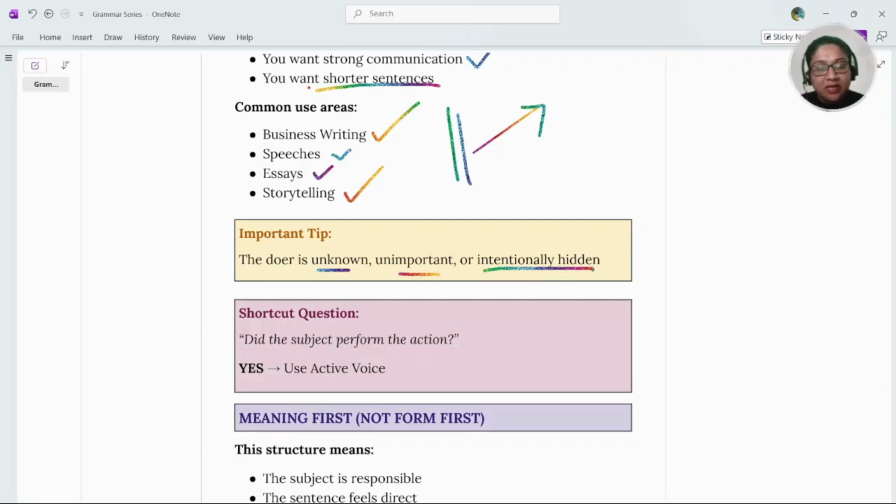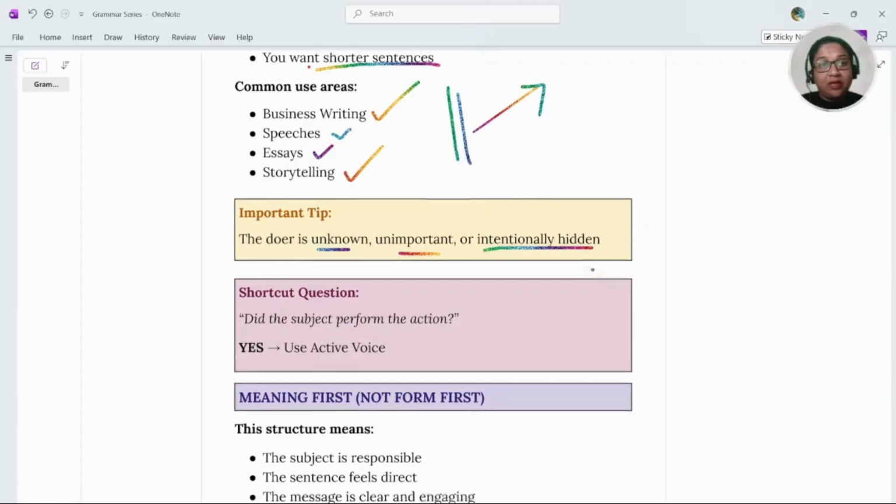This is a very important rule, because it's a very important tip as well. When the doer is unknown, or not an important person, or if the doer or the subject is intentionally hidden in the sentence, it means it is passive voice. It's not active voice. I hope I'm clear here, because I'm going to move forward.